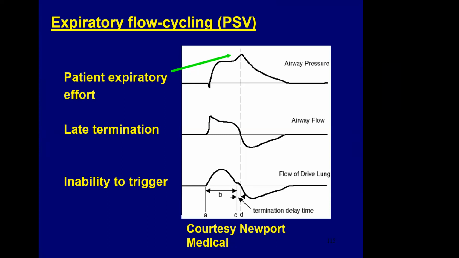It should happen automatically, physiologically. The second curve shows late termination of the expiratory flow. See the flow actually goes to the negative side, and that is bad if it terminates late.